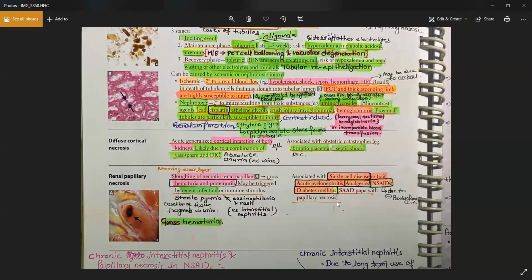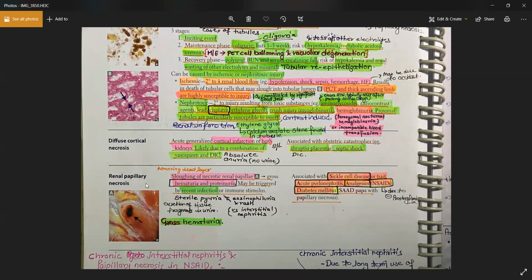Osmolality increases going from cortex to medulla, and the renal papillae are highly hypertonic, with very high osmolarity. These NSAIDs also accumulate along this osmolarity gradient, so the maximum concentration of NSAIDs is found in the renal papillae, and that's why they cause damage only in the renal papillae, because they accumulate there.